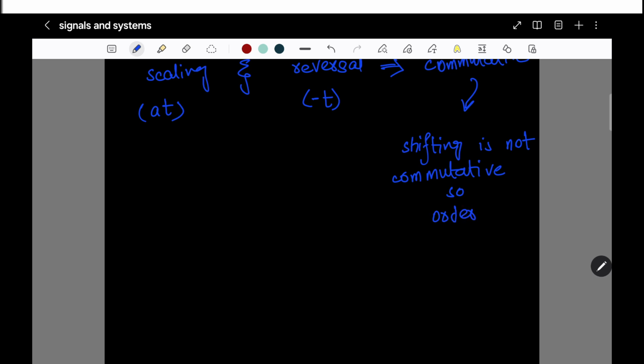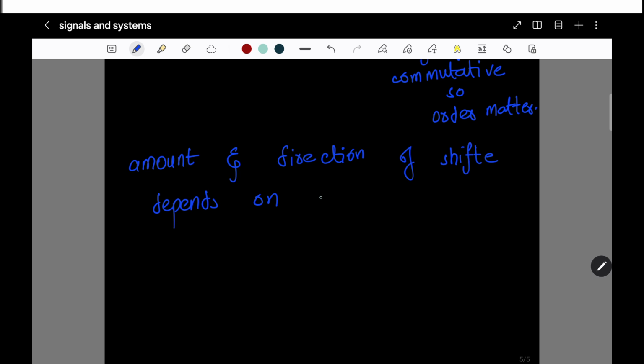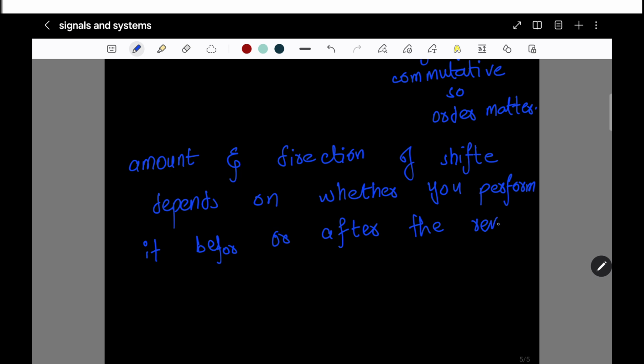So the order for the shifting matters, which simply means that the amount and direction of shift depends on whether you perform it before or after the reversal and scaling.